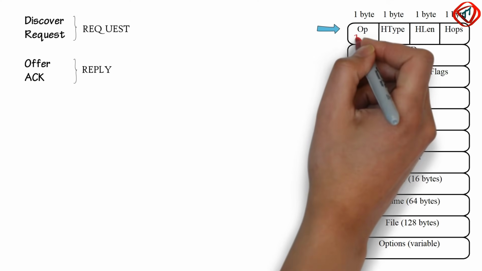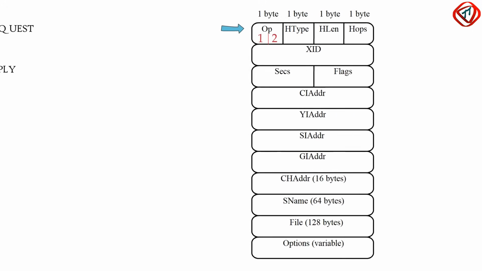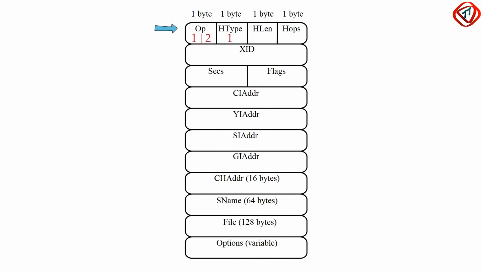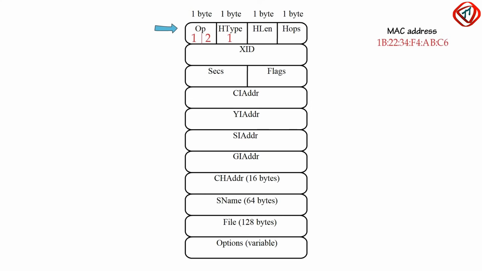For request, it is set to 1 and for reply, it is set to 2. Hardware type denotes the type of hardware used for the local network. For Ethernet, it is set to 1. Hardware address length specifies the length of the hardware address or MAC address present in the message. For Ethernet, it is set to 6.